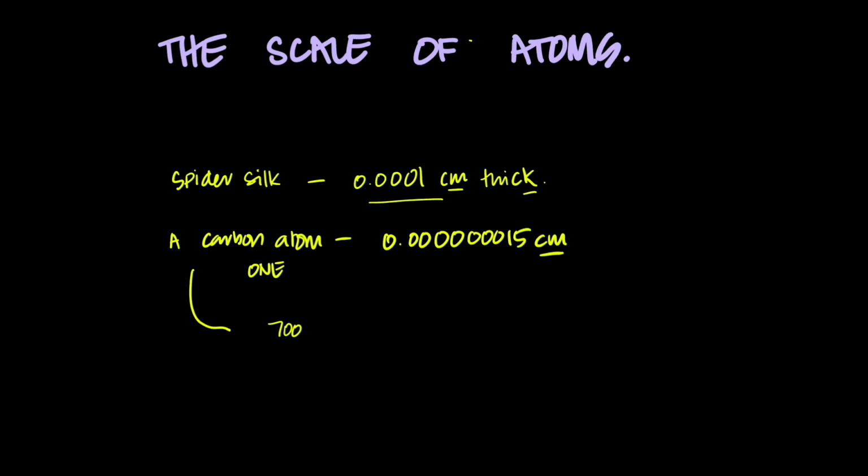You need about 7,000. So you need about 7,000 carbon atoms lined up together. Their width is that of one spider silk thread. That's it. 7,000, just to cross one nearly invisible spider web thread.